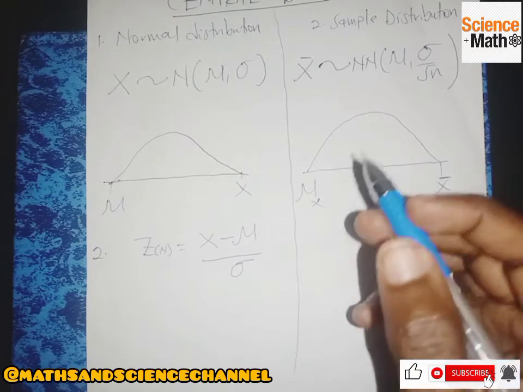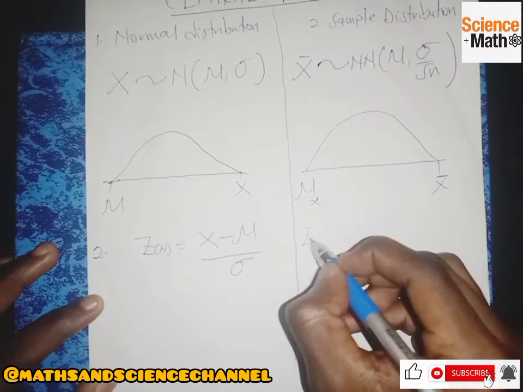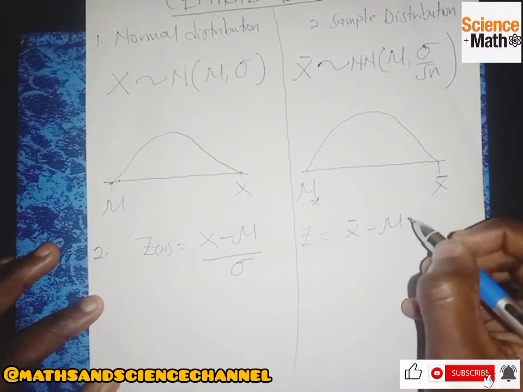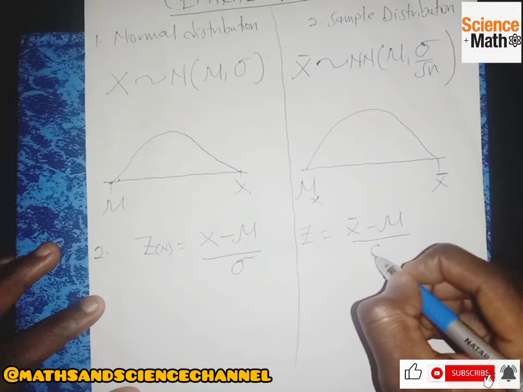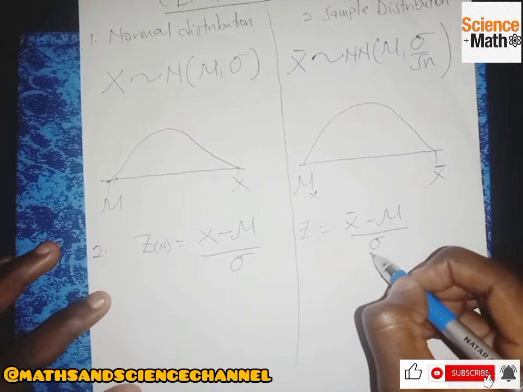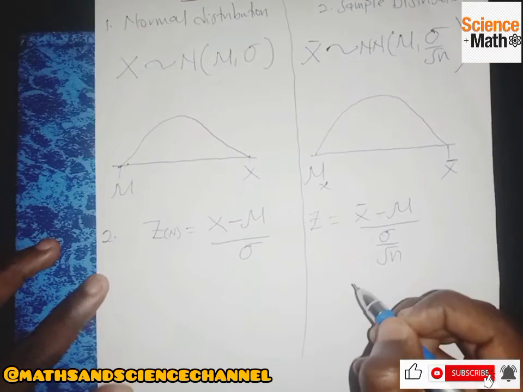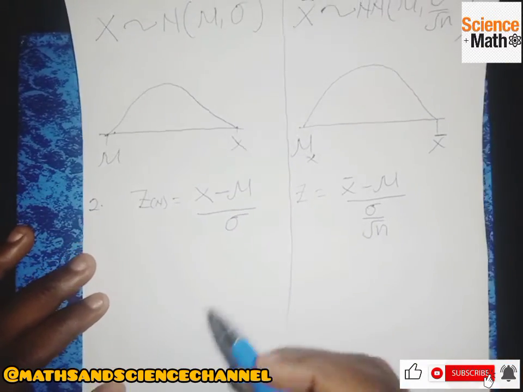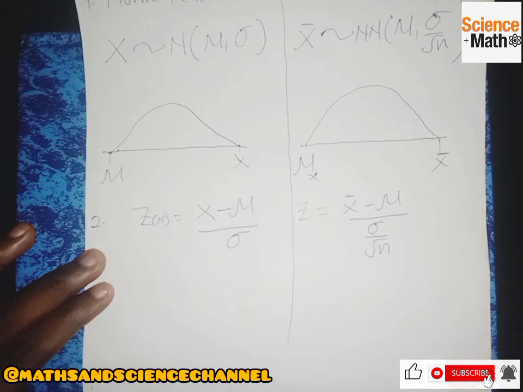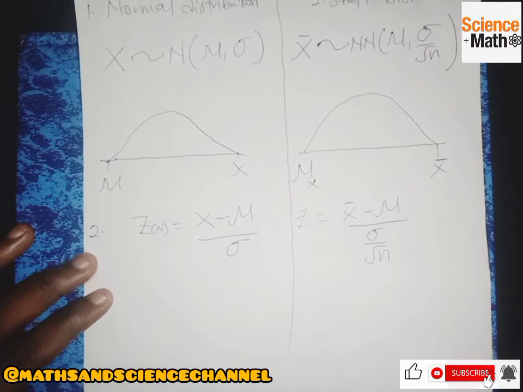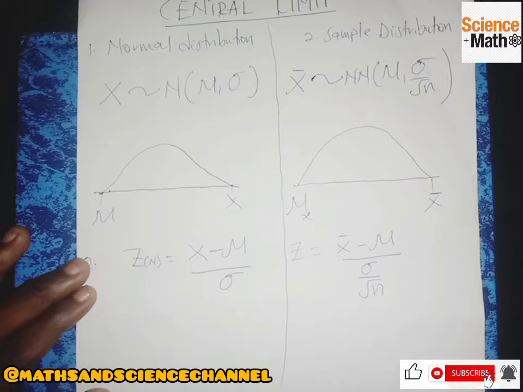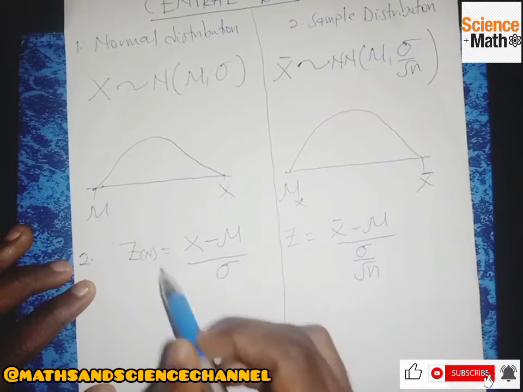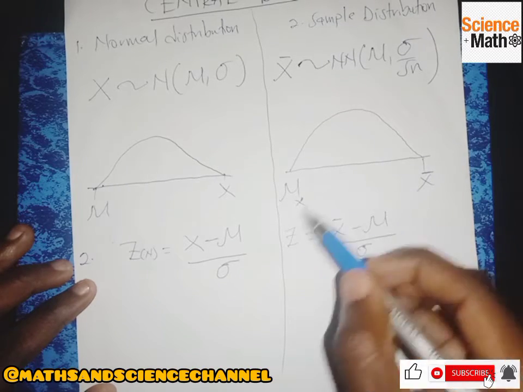And then under the sample distribution, the z-score is written as the sample mean minus the population mean divided by the standard deviation over the square root of the number of samples. Using this formula depends on the kind of question you are given, whether it is a normal distribution or a sample distribution. If it's a normal distribution and you are finding the z-score, you use this. If it's a sample distribution, you use this.